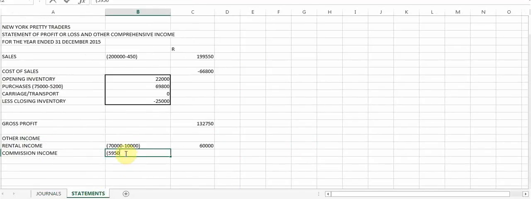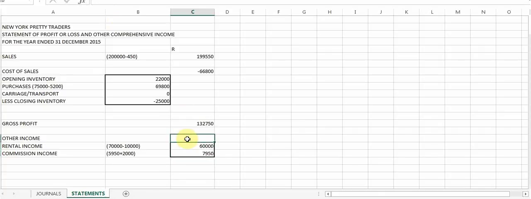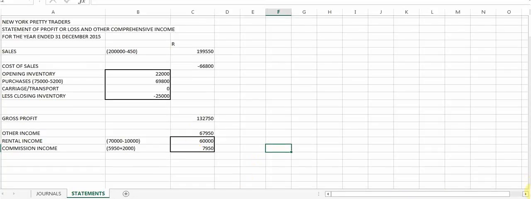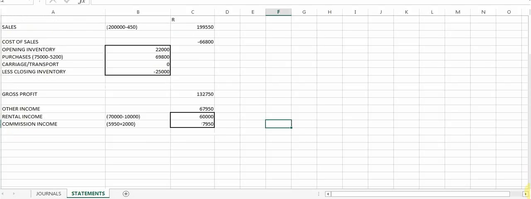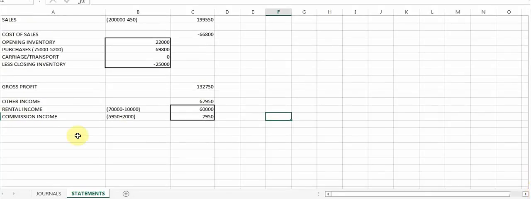So I'm going to add 2,000 Rand there, and it's going to give me 7,950. So I need to get to a total for other income, and it will then be 67,950 if I add these two other incomes together. Right, what else do I have on my layout? The next one on your layout is called other expenses.